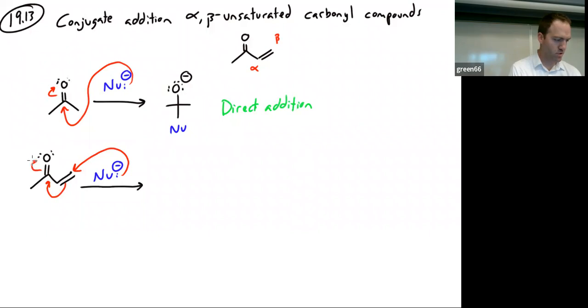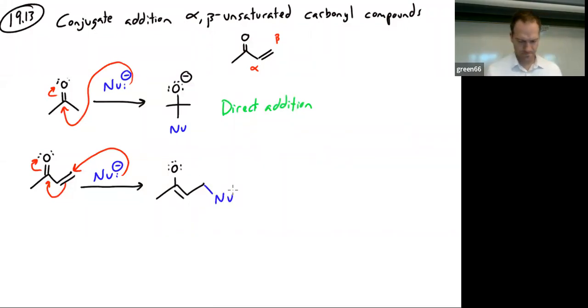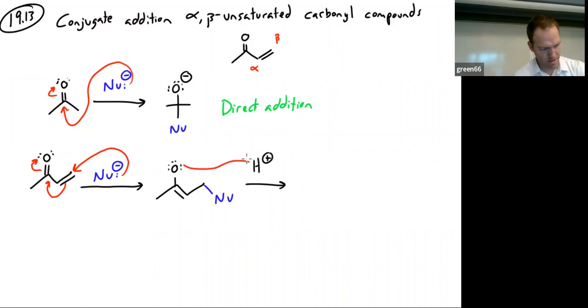I just have to go through one more step to get it over there. That allows for this molecule to have a new bond over here. And then that will take a proton. And the reason I'm going to show you a proton here, hopefully will make sense in a second.